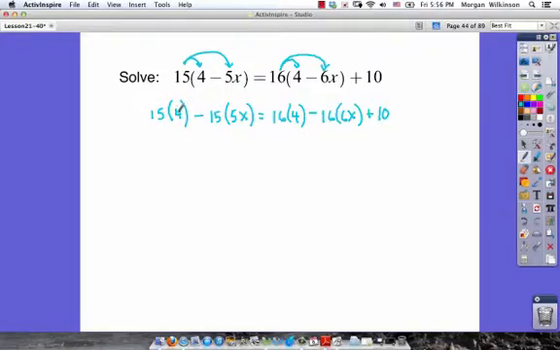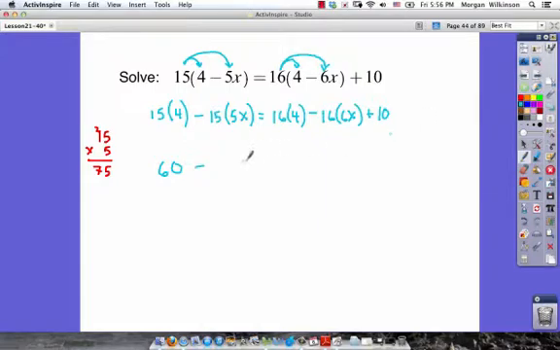15 times 4 is equal to 60 minus 15 times 5. Do you know what 15 times 5 is? Let's look at that. 15 times 5. 5 times 5 is 25. We'll carry our 2. 5 times 1 is 5, plus 2 more gives us 75.